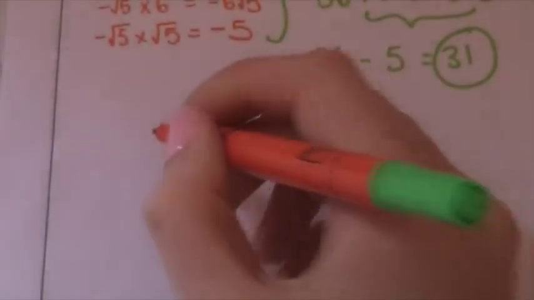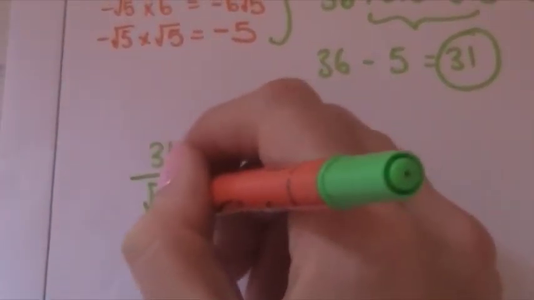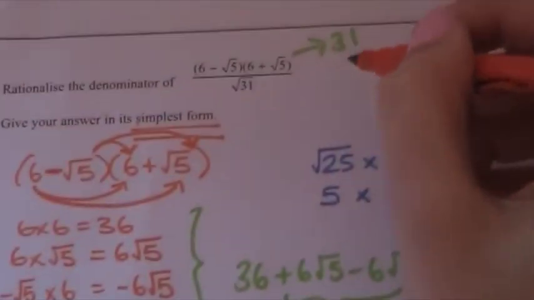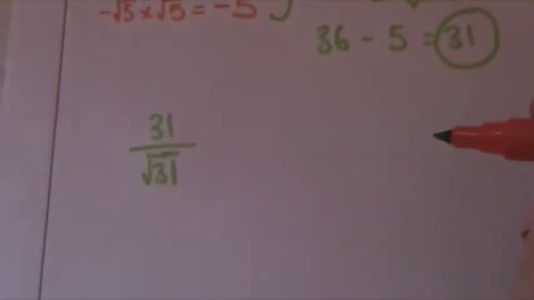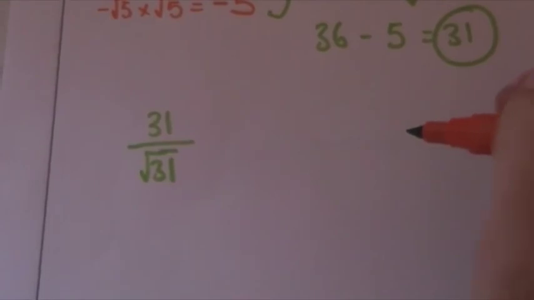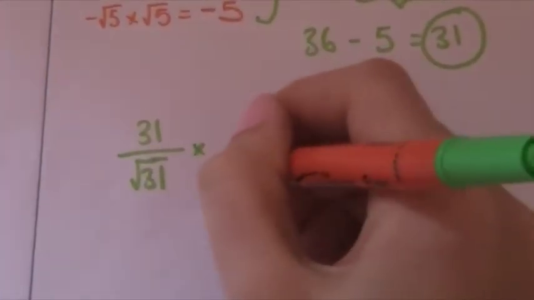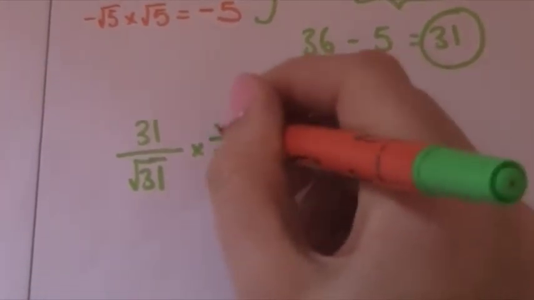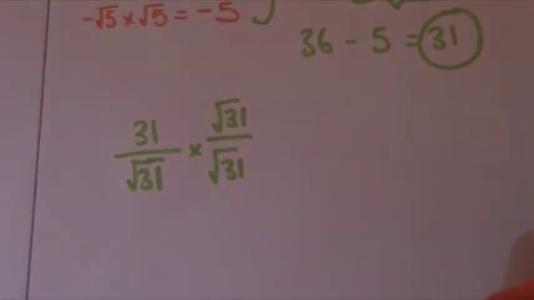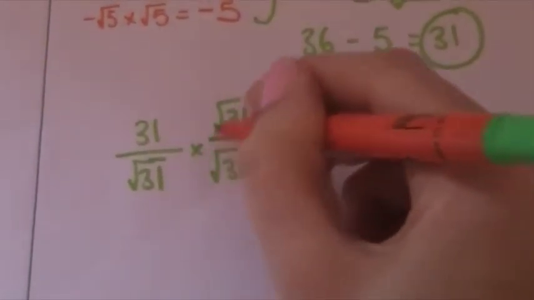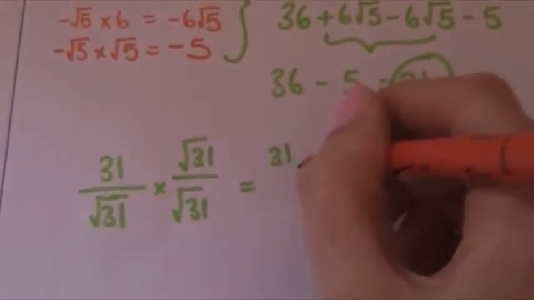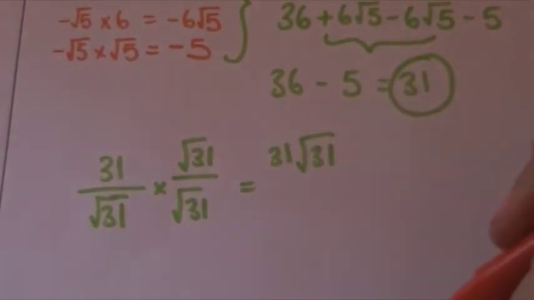So we are left with 31 over root 31, because we've got root 31 on the bottom. Now, another law when it comes to surds, we want to rationalise the denominator. We are going to times both the top and the bottom by that denominator. 31 times root 31 will just be 31 lots of root 31.